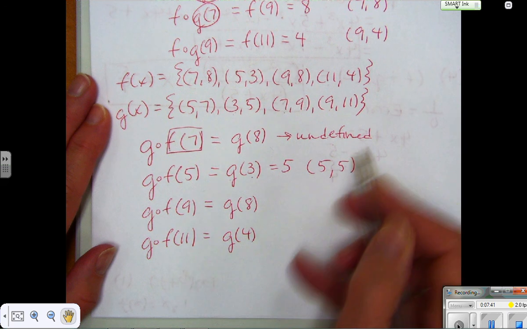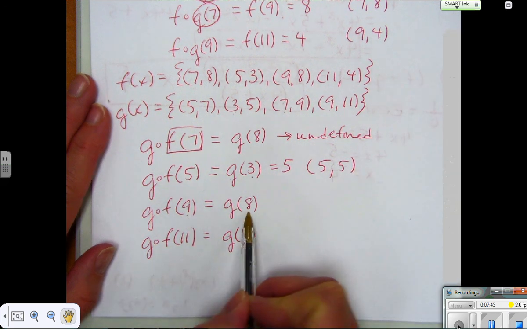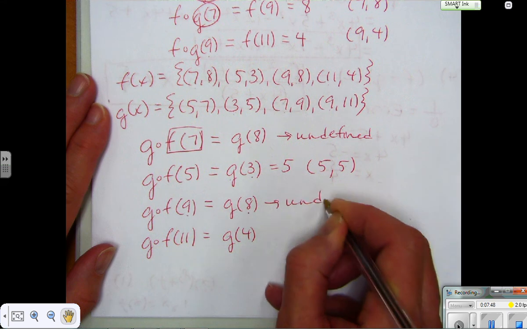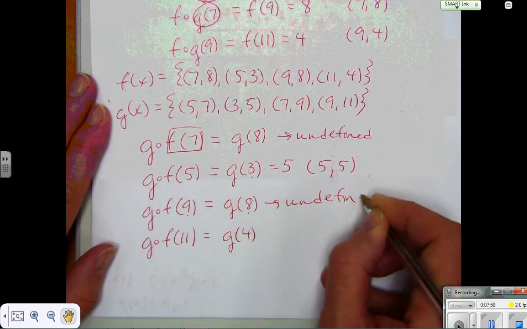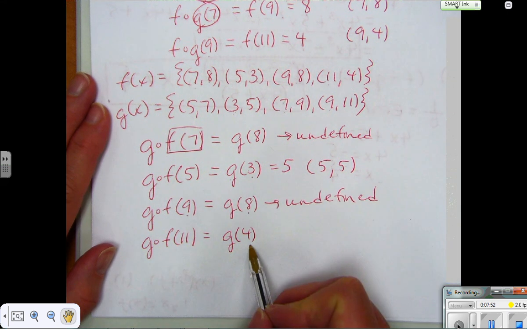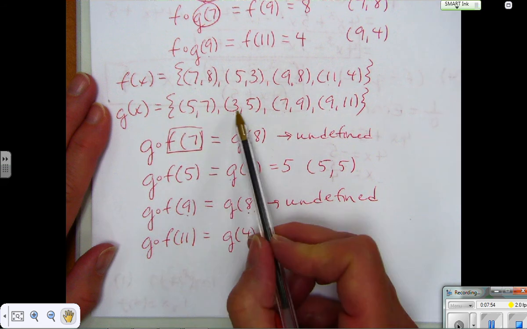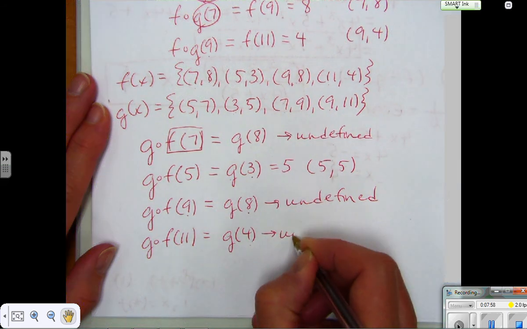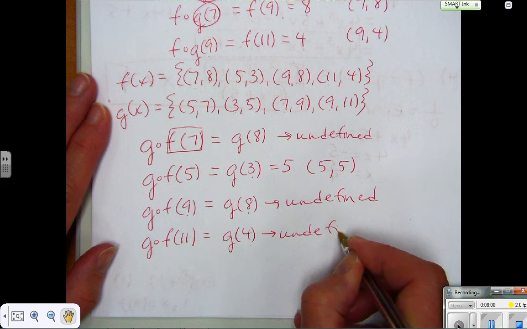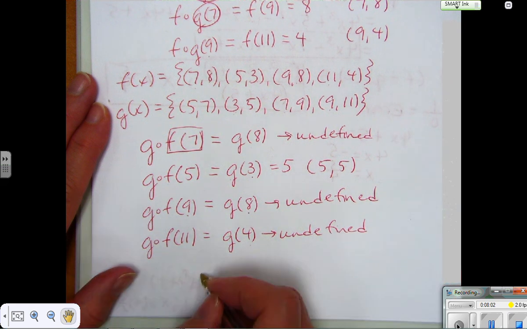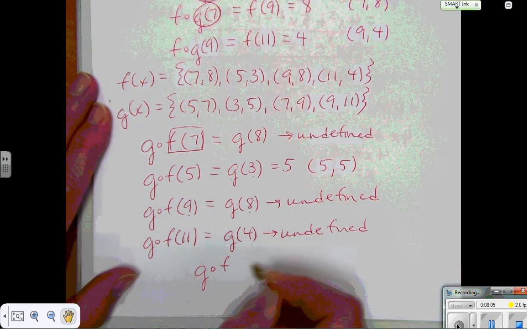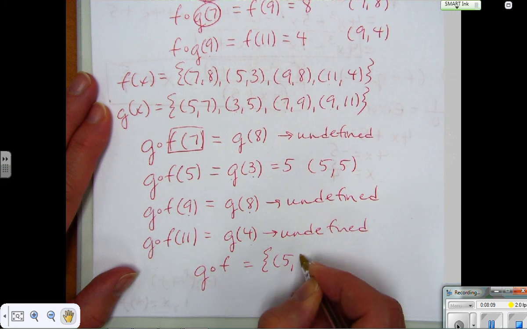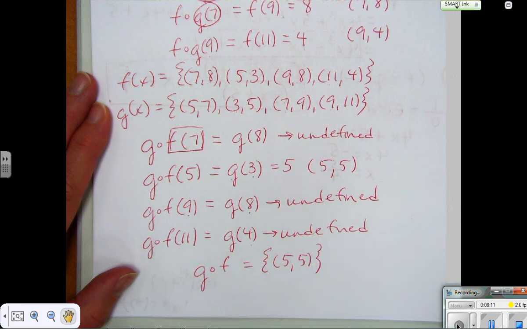Next one, g of 8. Again, there's no 8 for my x, so that one's undefined. And then g of 4, in my g function, there's no 4 that is x, so that one's undefined. So I only have one value that I can use. And so when you write your answer for g of f, you're just going to have that one pair, that one coordinate for your answer.